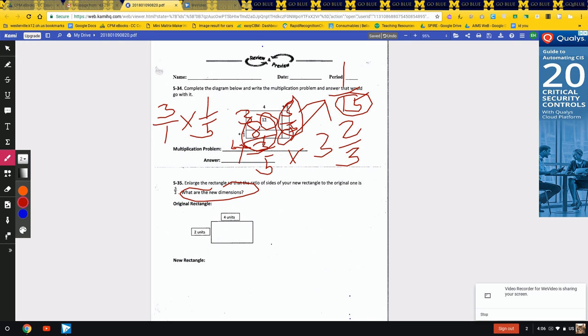Basically, you want to make sure you have 5 units for every 2. I like to just draw a brand new rectangle, just to show you that for every 5 of your length, your width is going to be 2.